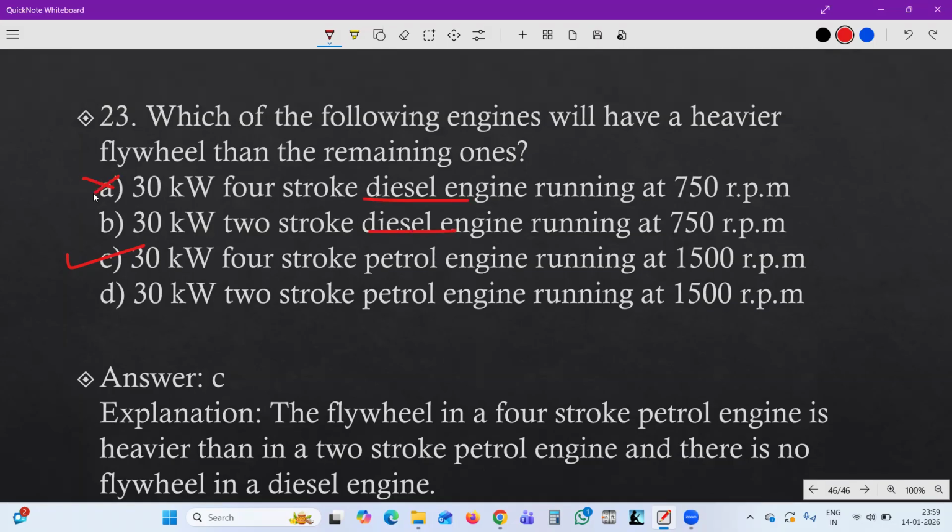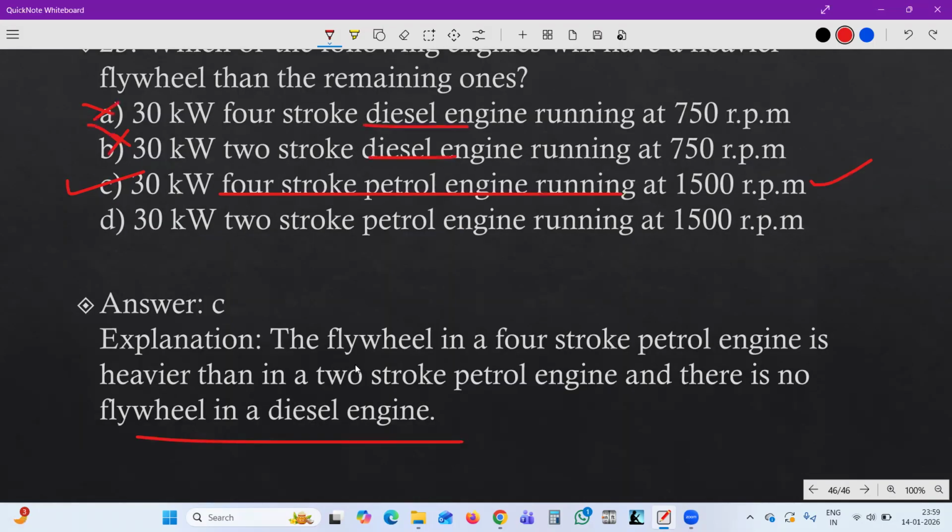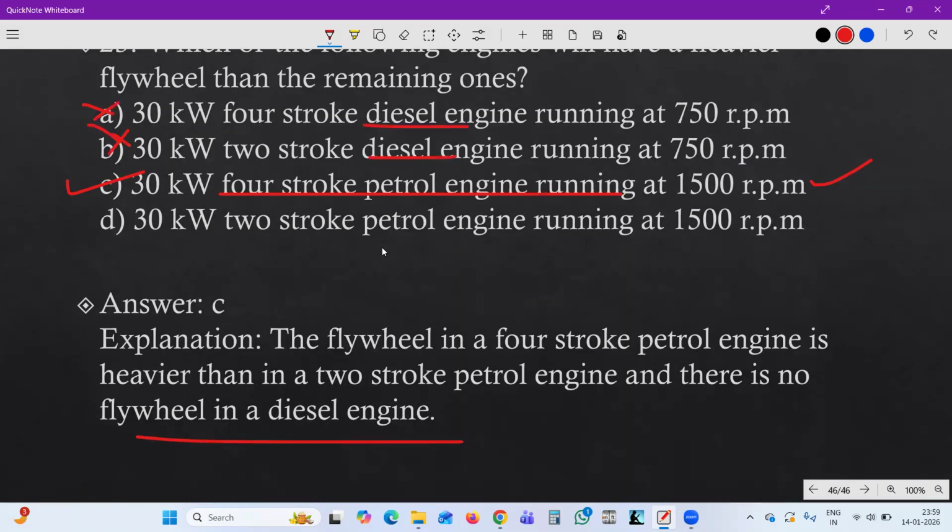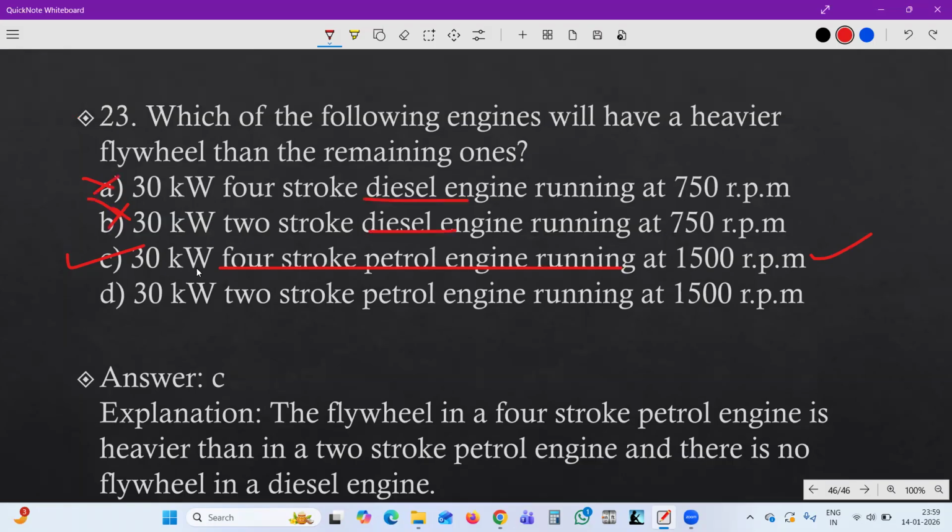So A and B are not a part of this. So flywheel only in the petrol engine. So for four-stroke petrol engine only, this will be the heavier. I hope it is easy to understand that the answer will be C. A 30 kilowatt four-stroke petrol engine running at 1500 RPM will have a heavier flywheel.